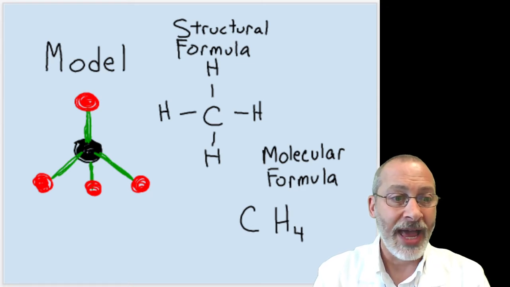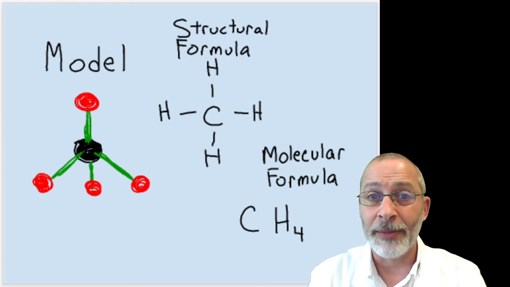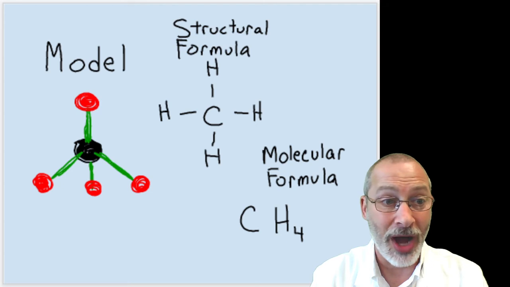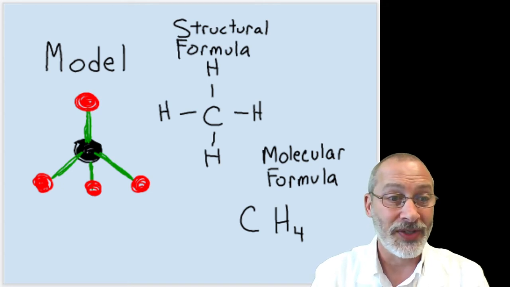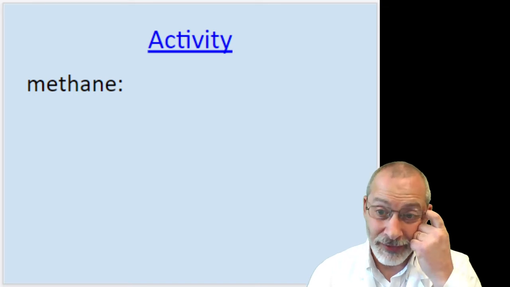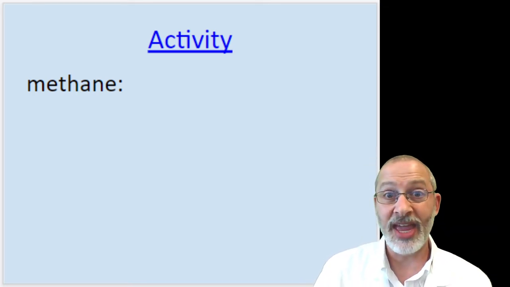Okay, so now let's do an activity here together. I'm just skipping in my notes here to the next example. If you need to watch that again, feel free to rewind it and watch it again. But I'll summarize it once again with our activity. I'm going to give you the name of a hydrocarbon like methane.